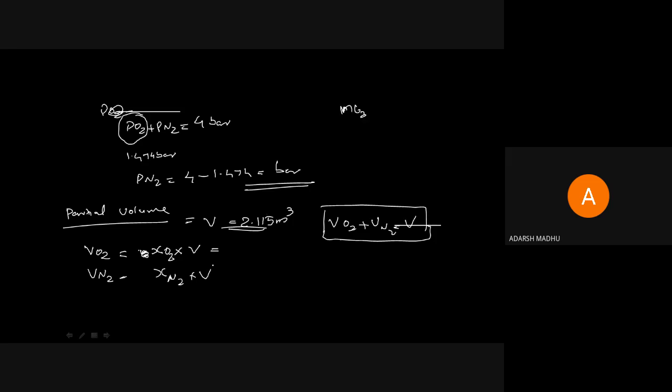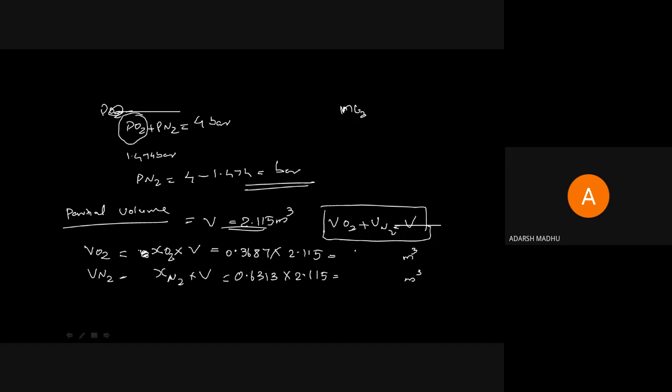Here XO2 is used. The XO2 of oxygen was 0.3687, right? 0.3687 into total volume 2.115 gives the partial volume of oxygen in meter cube. And by the same relation, the mole fraction of nitrogen that was given, 0.6313, into total volume 2.115, you will get the value of VN2.